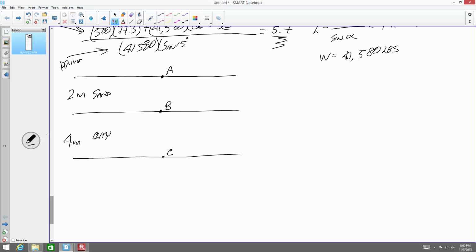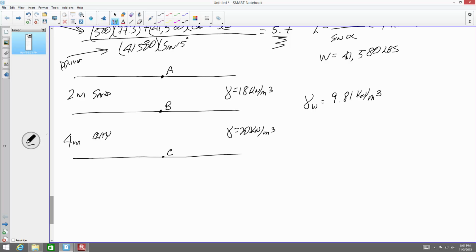So clay and sand, gamma equals 18 kilonewtons per meter cubed. Gamma equals 20 kilonewtons per meter cubed. Unit weight of water, 9.81 kilonewtons per meter cubed.